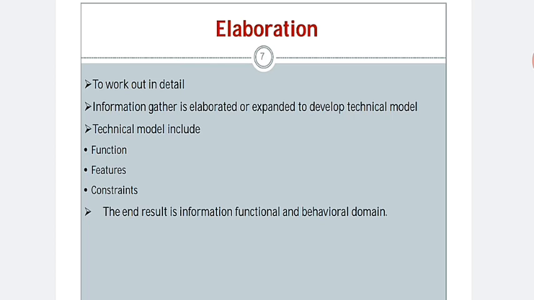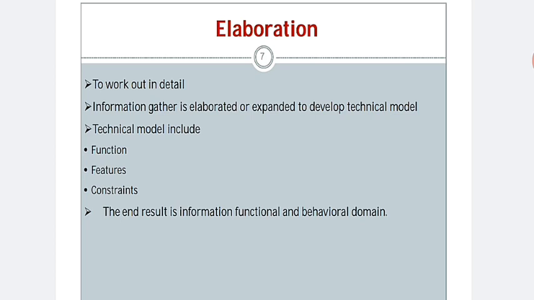So before starting the development process, we have to generate a technical model. A technical model is a virtual model that is used to design software. Whatever functions our software performs, we first have to create the model virtually. The model consists of the functions, features and constraints that we use for software development.